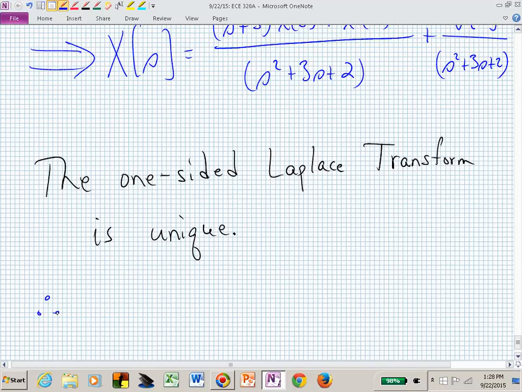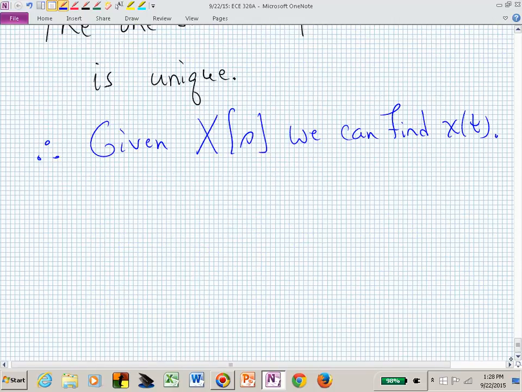Another way of saying that is if we're given capital X of S, that's what it looks like in the frequency domain, we can find what it looks like in the time domain, little x of t.